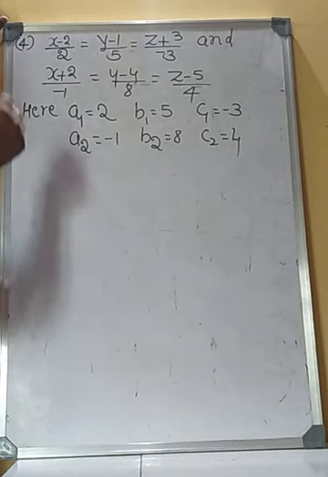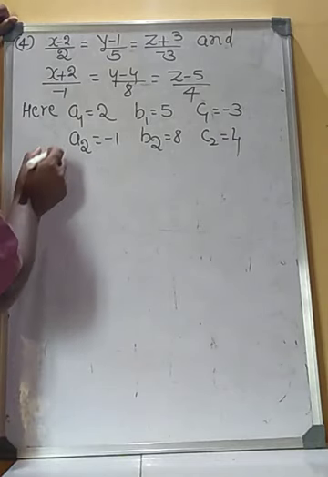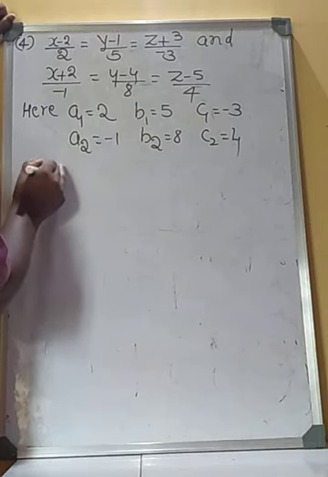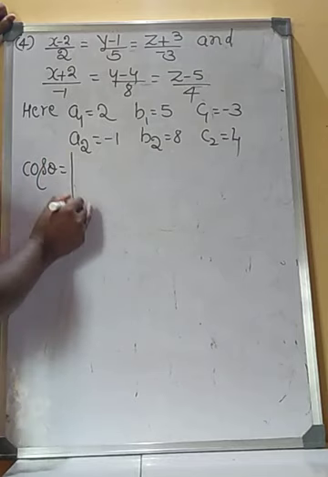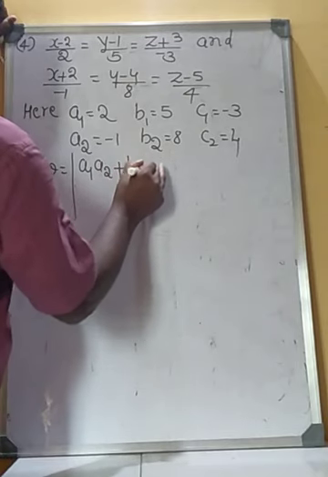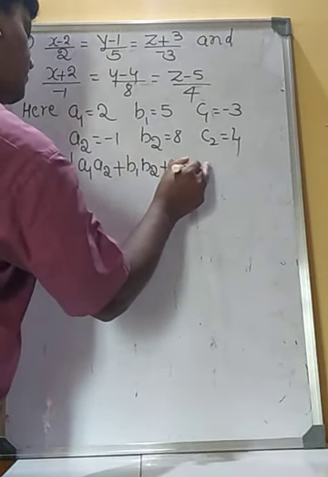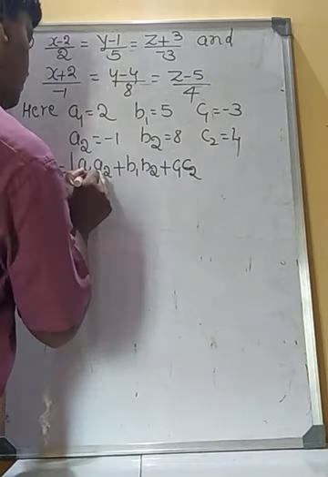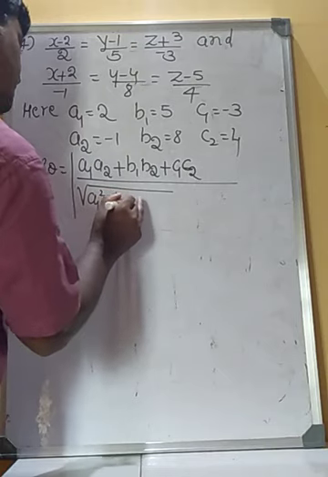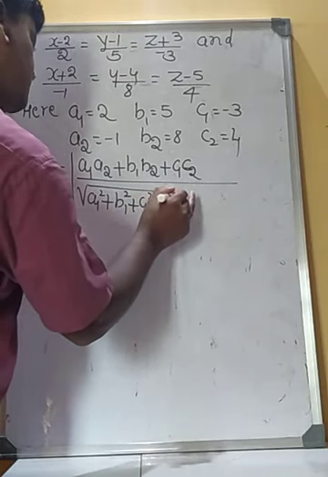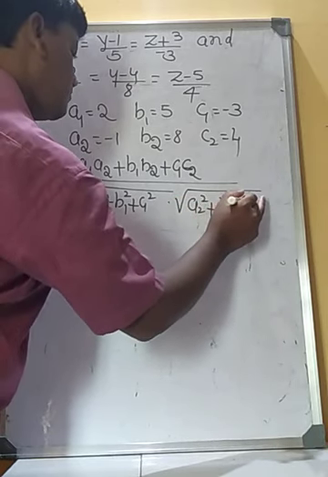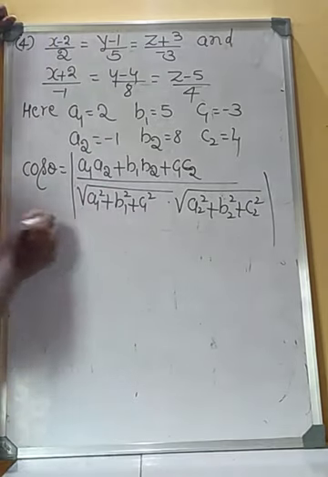So now the angle theta between the lines is given by cos theta is equal to A1 A2 plus B1 B2 plus C1 C2 divided by root of A1 square plus B1 square plus C1 square into root of A2 square plus B2 square plus C2 square.